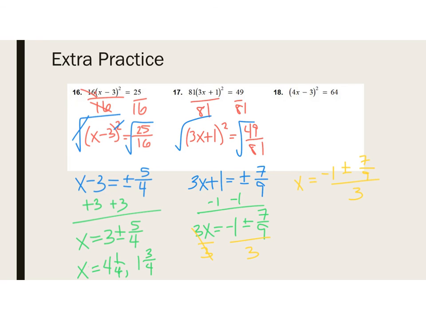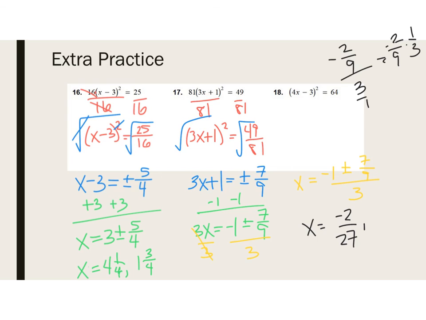Okay, so then if we break that apart, -1 plus 7/9 should be -2/9 divided by 3. Remember, dividing by a number is the same thing as multiplying by the reciprocal, and to multiply goes straight across. So that should be -2/27.